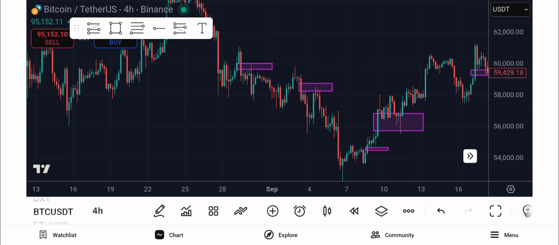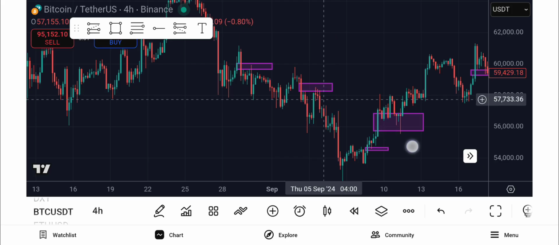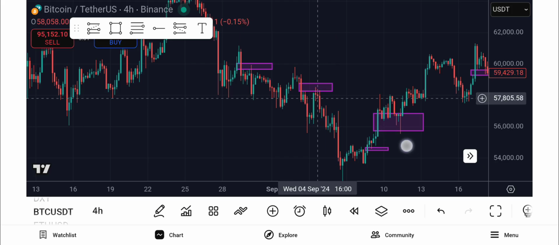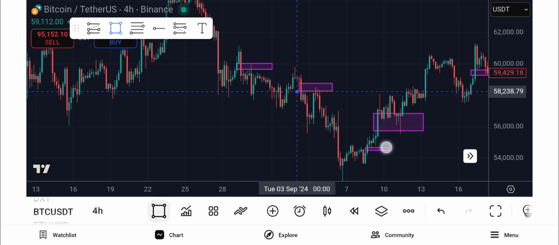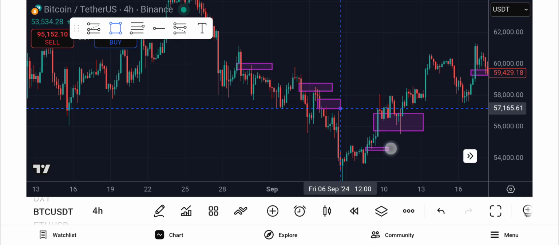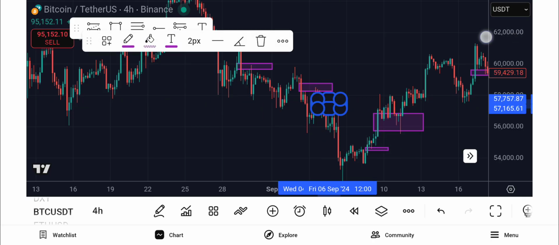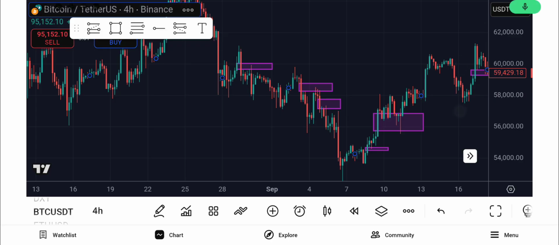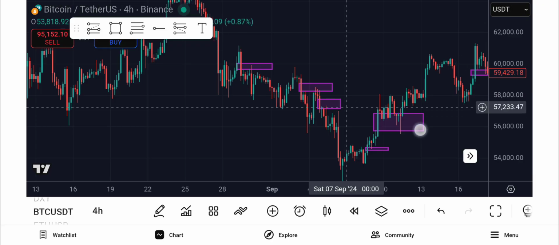Would you use this as a fair value gap? You could, but guess what? Let's do it, 1, 2, 3. Yeah, so this is a fair value gap. Would you use it? Yes.